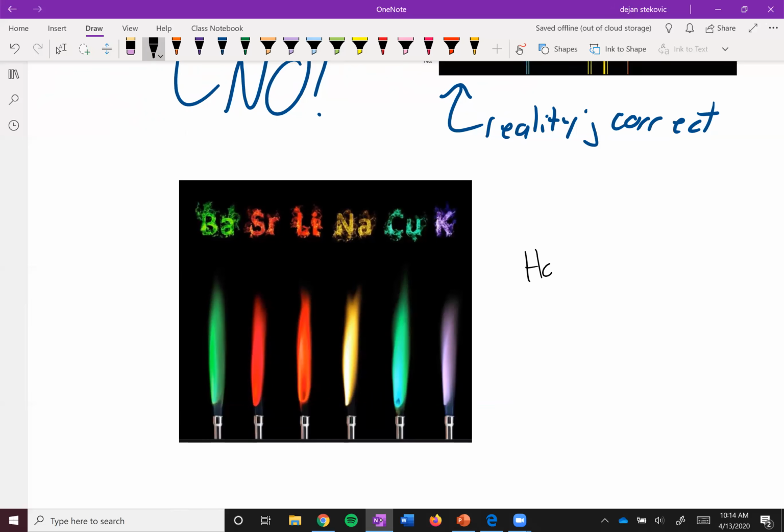And so this is basically the basics of how fireworks work. Fireworks are basically these elements, and then you shoot them up in the air, you heat them up, so you excite these electrons, and these electrons relax back down, releasing only certain wavelengths of light. So again, the energy levels of light are quantized.